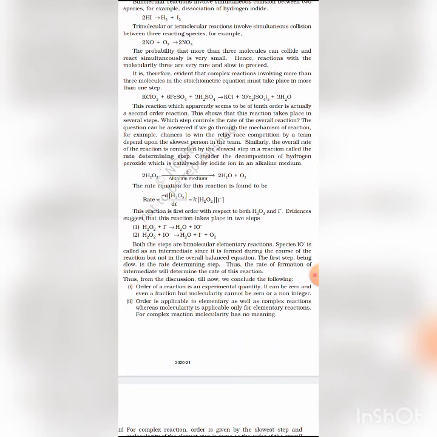However, after a certain concentration limit of the reactant, the surface of the catalyst is fully covered. As the concentration of the reactant further increases, no change takes place, and thus the rate of the reaction becomes independent of concentration and the order of the reaction becomes zero.